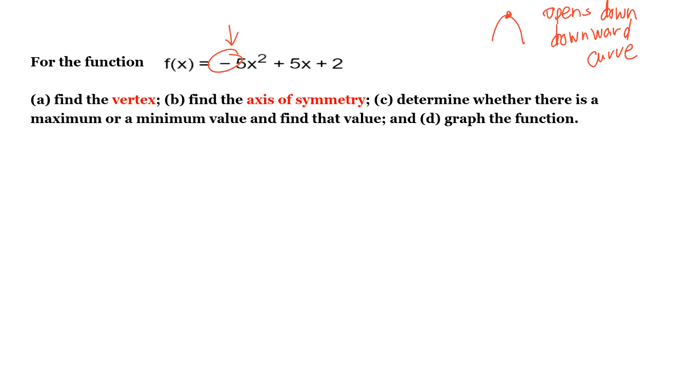So we start with the formula for the x. And once I find the x, I plug the number back into the function and find y. I need an a. So my a is negative 5.